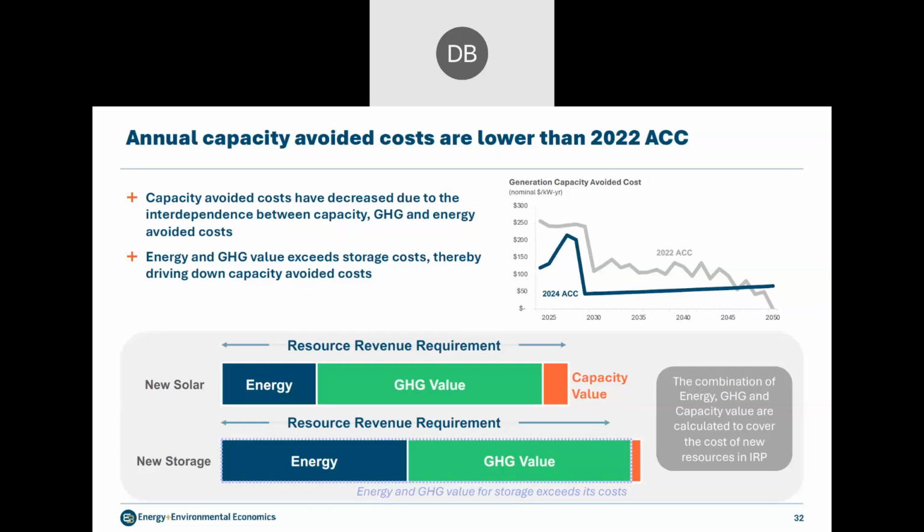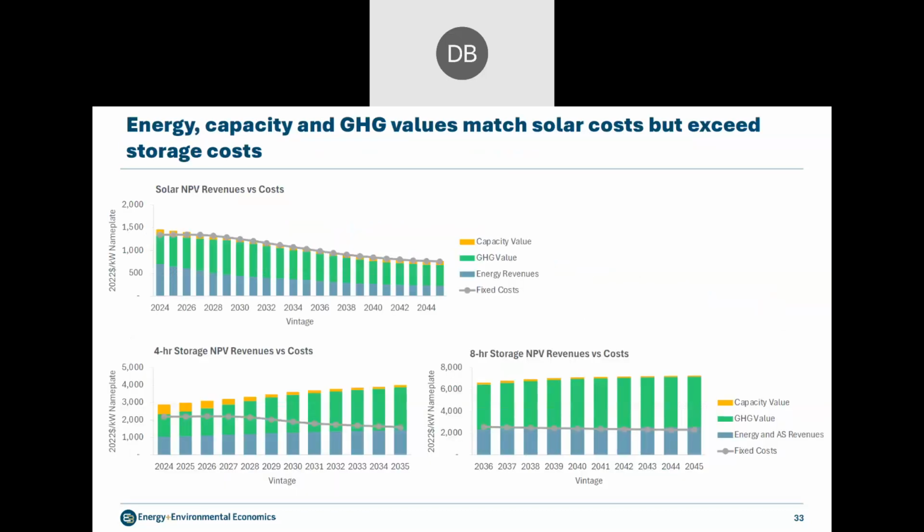All right, let's go to the last slide. This is my last one. The chart I'm showing here further illustrates the point I was making earlier. What I'm showing here are the net present values of revenues or values and costs for each resource vintage.